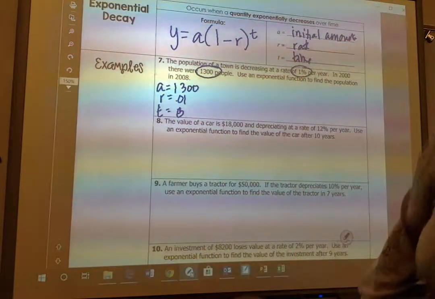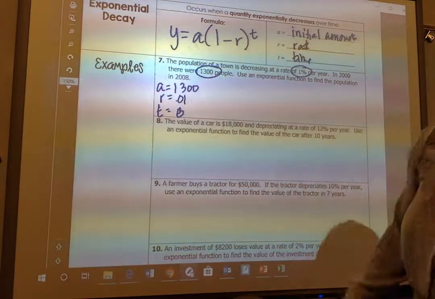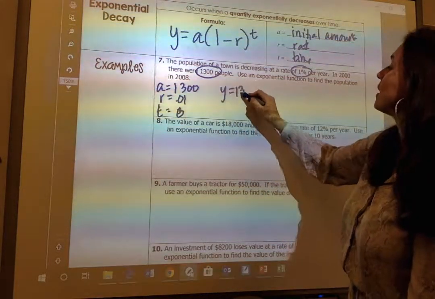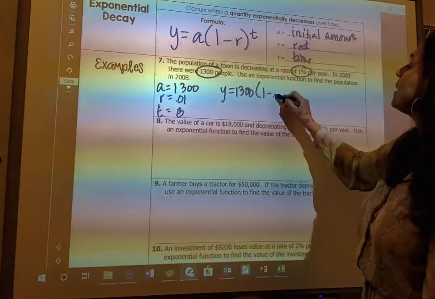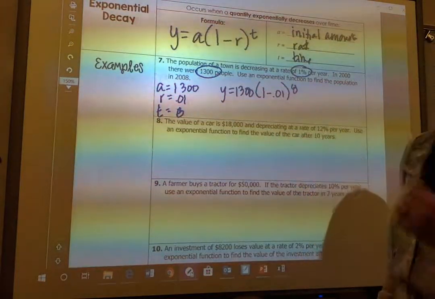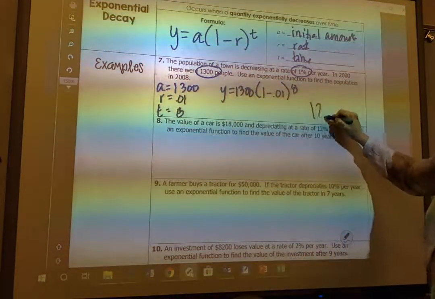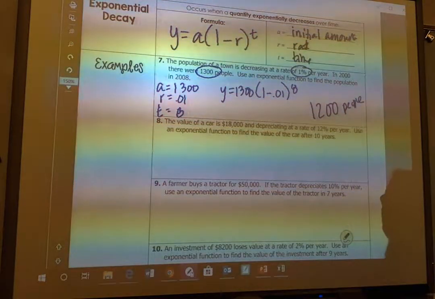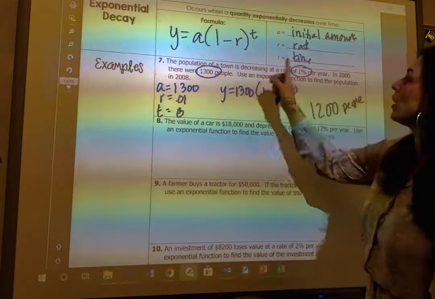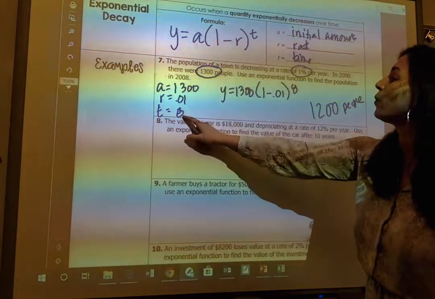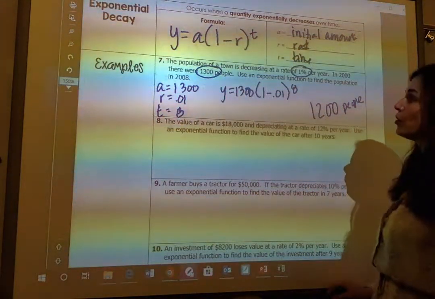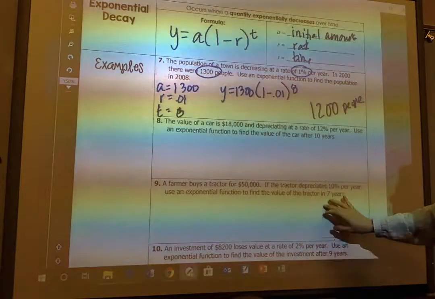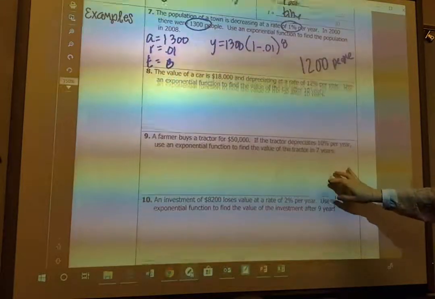So when I plug it in my formula, I have y equals 1,300, 1 minus 0.01 raised to the 8th power, and by the magic of a calculator, I can get 1,200 people in 2008. So we started with 1,300 people, and at this rate, it's going to be down 100 people in 8 years from now.